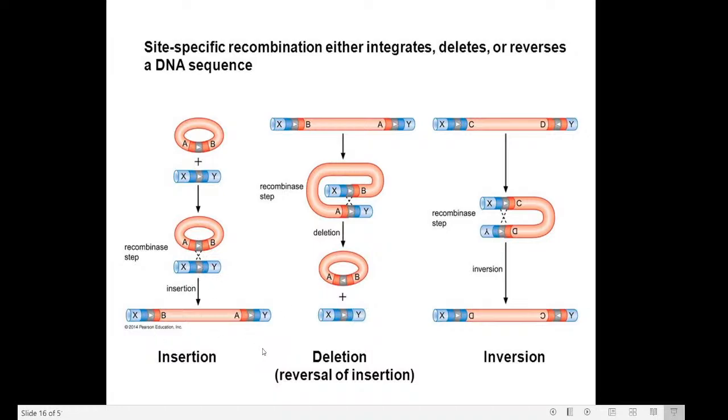The AB gene is inserted into a specific region of X and Y. Here you can see the deletion: once you have the whole DNA, in site specific recombination you can remove the specific AB alone. And then inversion: you can invert the recombined DNA sequence during the experiment.